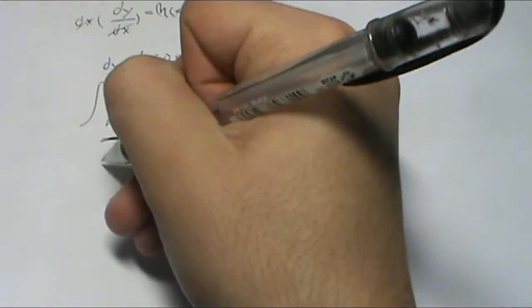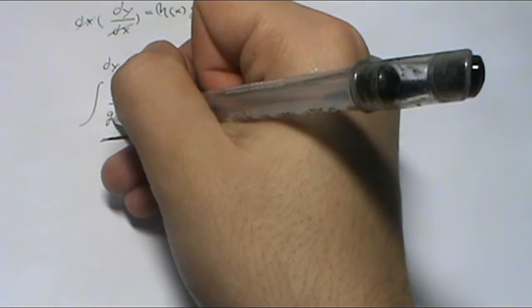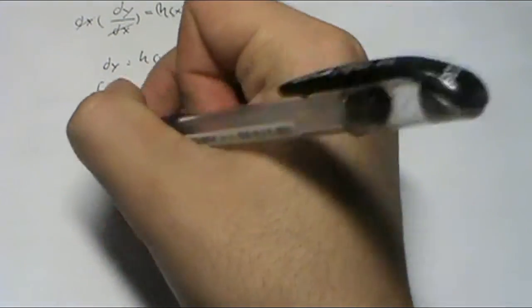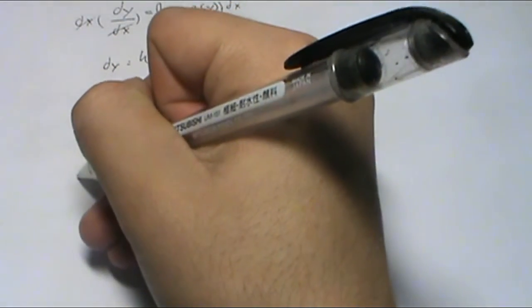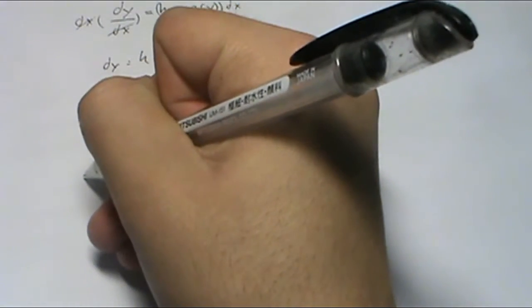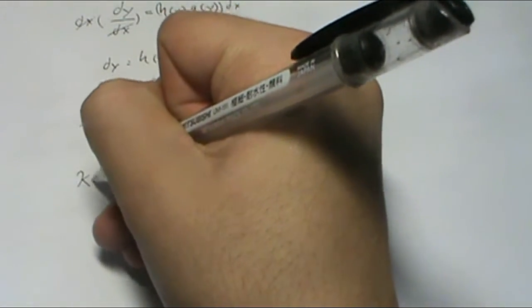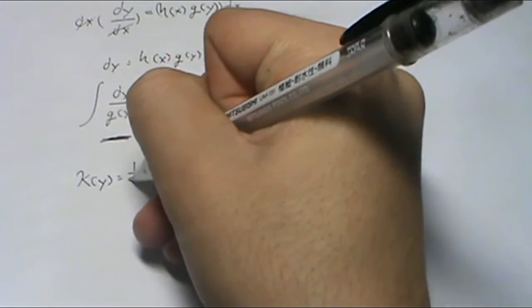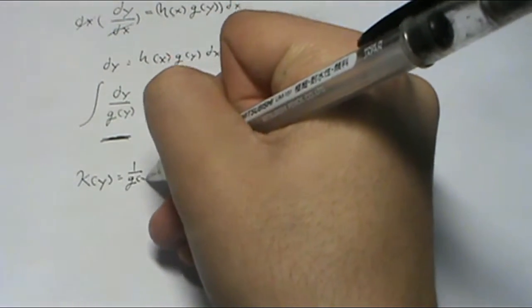So let's suppose that we have something like, let's say that k of y is equal to 1 over g of y.